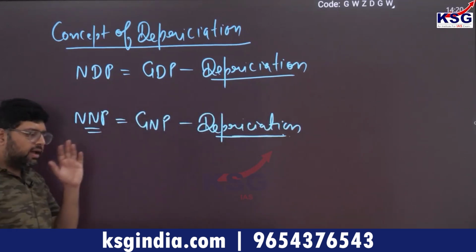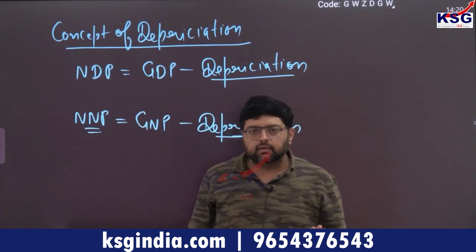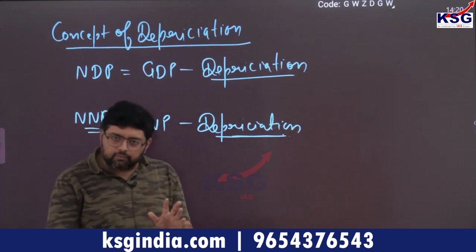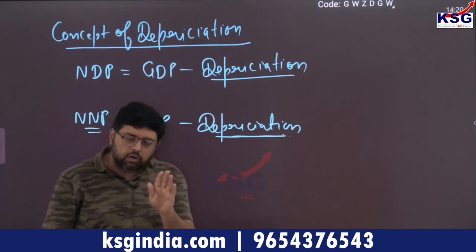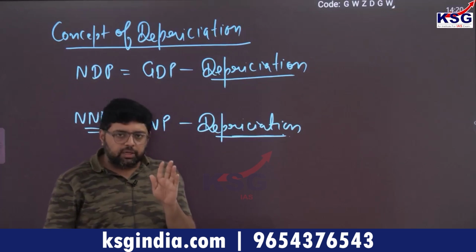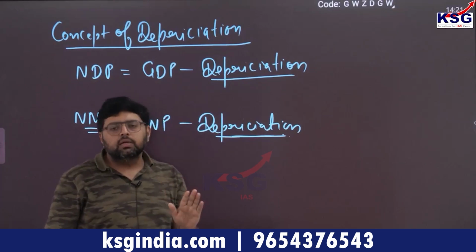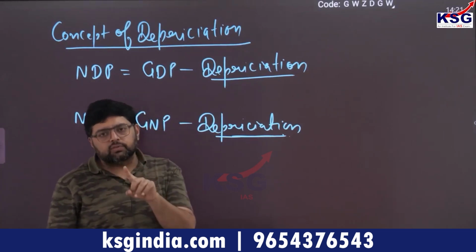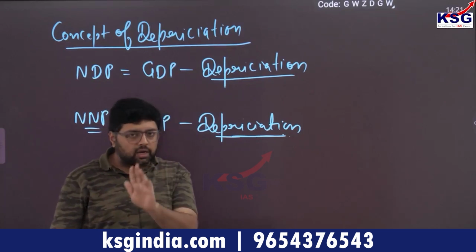Now, why have I spent the time on GDP and GNP? Now you will understand that. Because I know most of the students get confused with respect to GDP and GNP. Now I hope your concept of GDP and GNP is clear: the purpose of calculating GDP is that we want to calculate the total new final goods and services produced in a country.